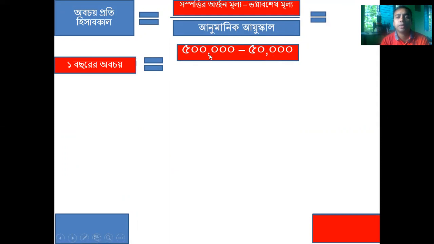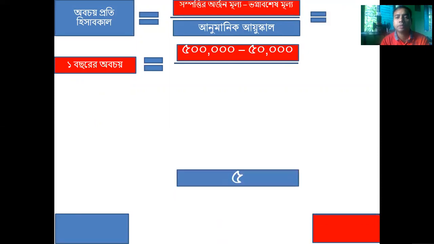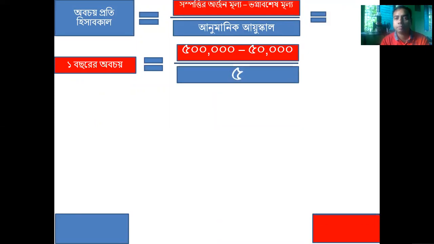5 lakh is its acquisition cost, and 50,000 is the residual or salvage value. We have to divide it by the estimated useful service life, 5. Then the depreciation for 1 year will be 90,000.